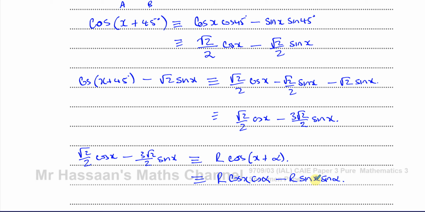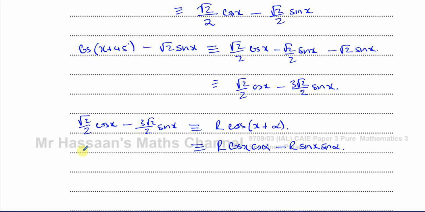What we can do here is what's called comparing coefficients, because this is an identity. These two sides of the identity are identical. So, for example, let me look at the coefficient of sine x on this side and that side.